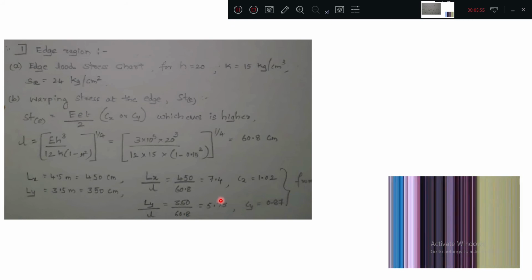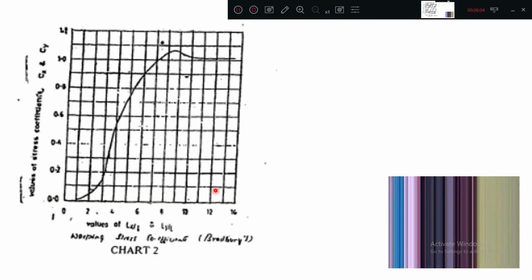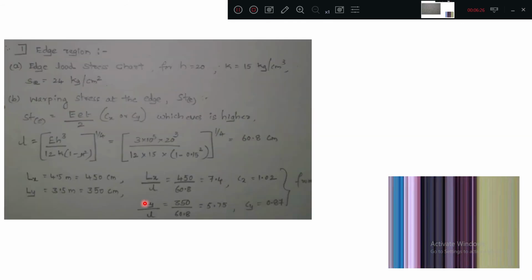How to see the graph? Remember this value, Lx by l is 7.4. Cx is 1.02. I am getting 7.4 here, so my value was 1.02. Here it is 1 and it is 1.02. Similarly, 5.75 was there.